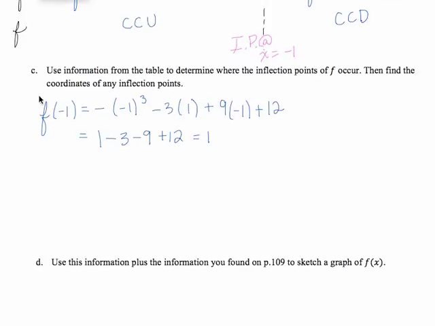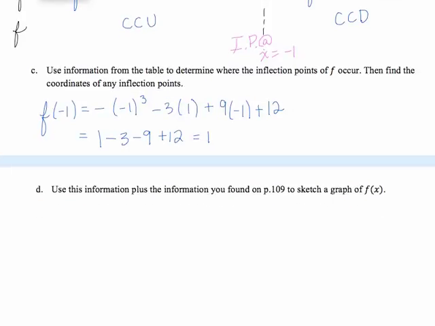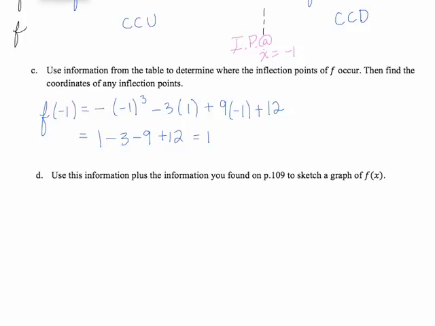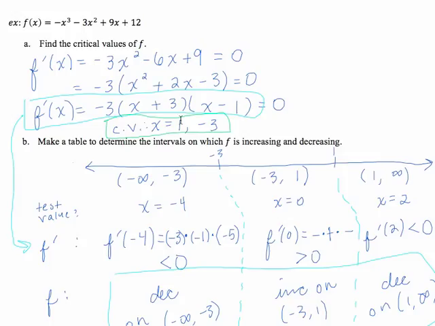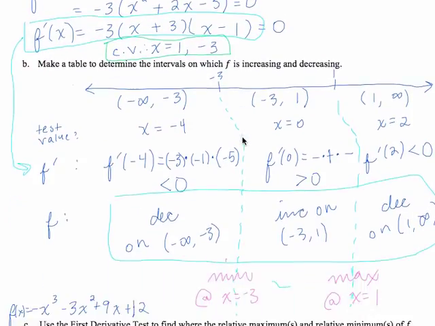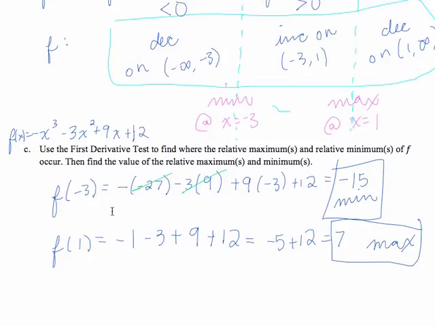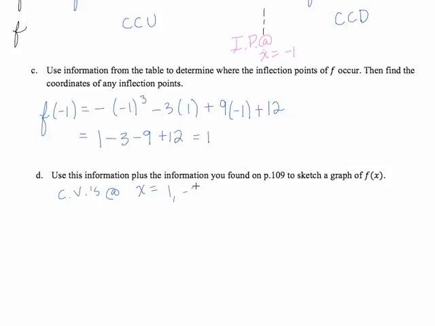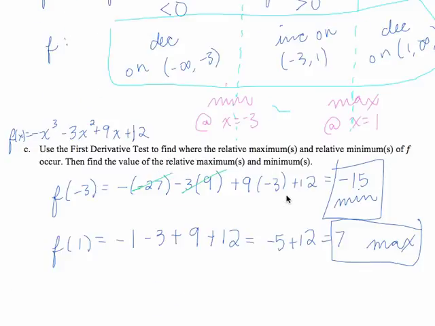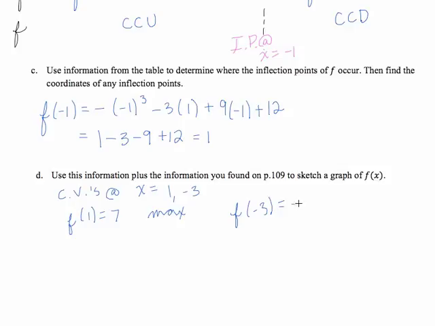We found that this function had critical values at x equals 1 and -3, and we found the corresponding y values. f of 1 equals 7 was a relative maximum of the function, and f of -3 equaled -15, which was a relative min for this function.